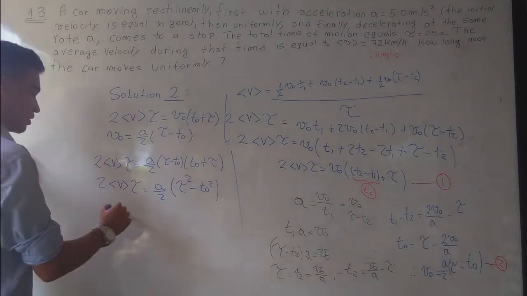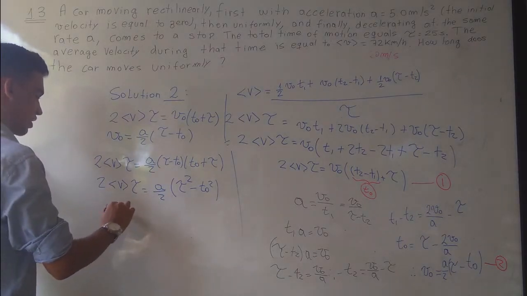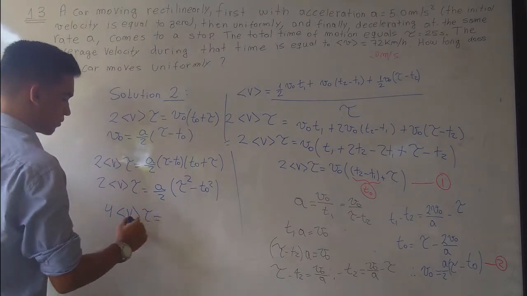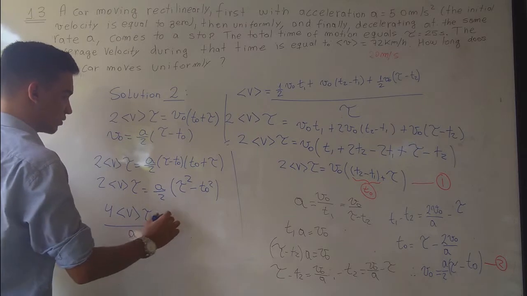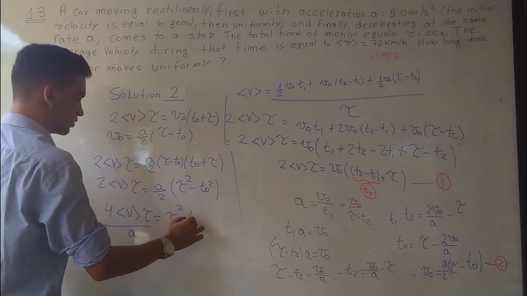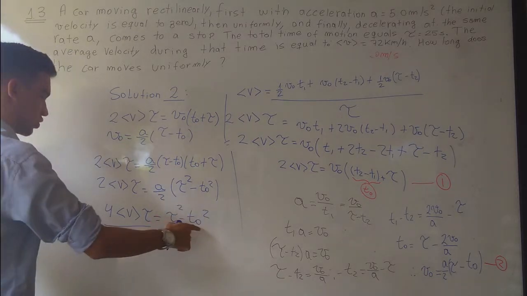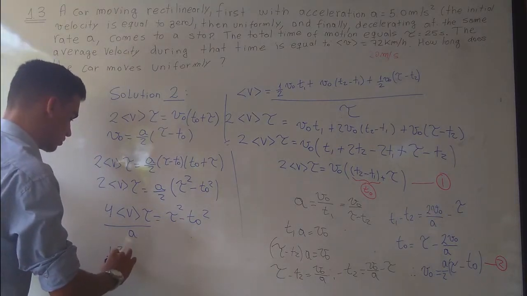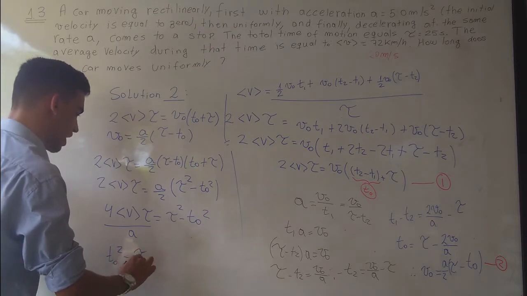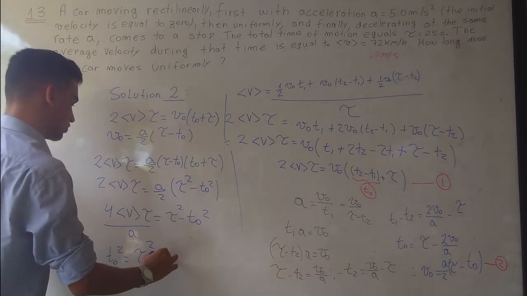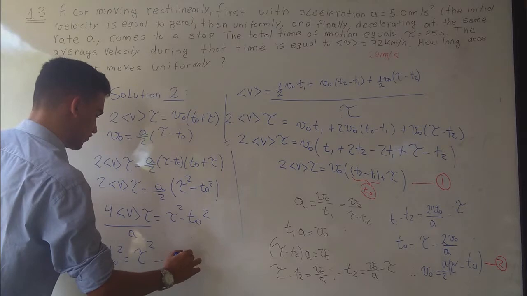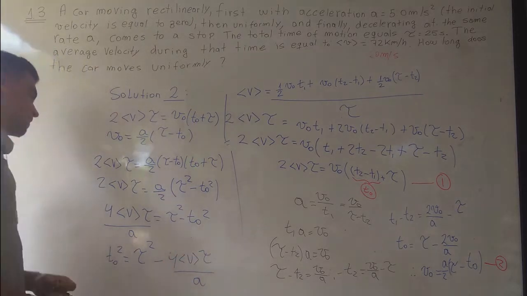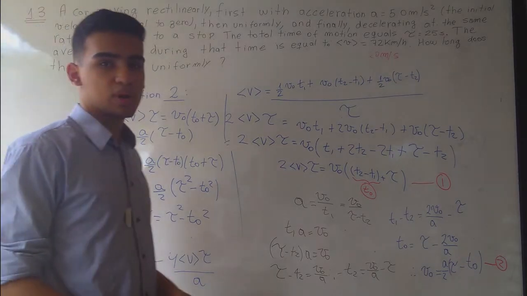So 2 average velocity tau divided by A is equal to tau squared minus T0 squared. So passing to the other side, T0 squared is equal to tau squared minus 2 average velocity tau divided by A. Finally, we have our answer.